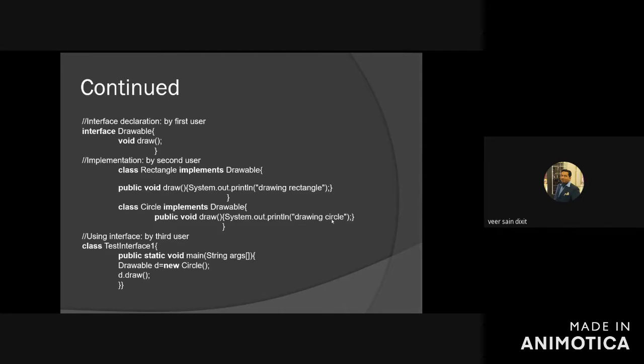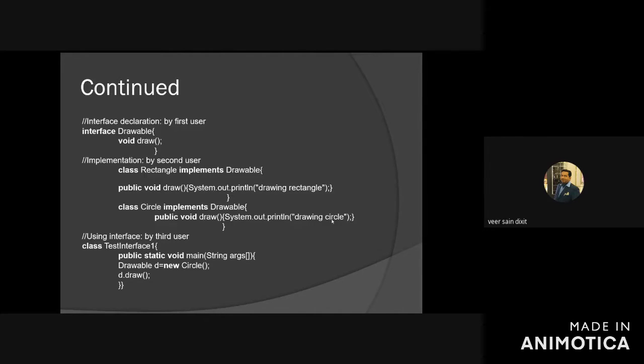Now you can create another class, and through that class you can implement this interface Drawable. The name of the class is Rectangle, which is implementing your interface Drawable. To implement, this is the syntax: class name, implements, interface name.